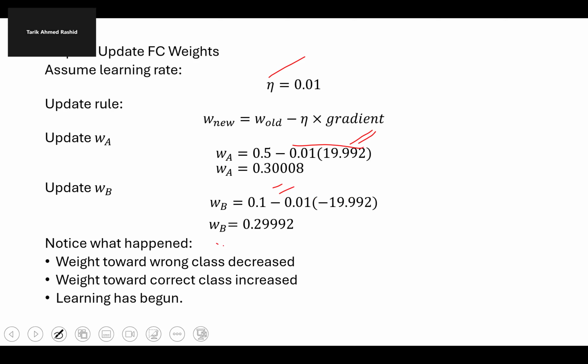And we get WB updated through this one likewise. Now we see weight toward wrong class decrease, and weight toward correct class is increased.